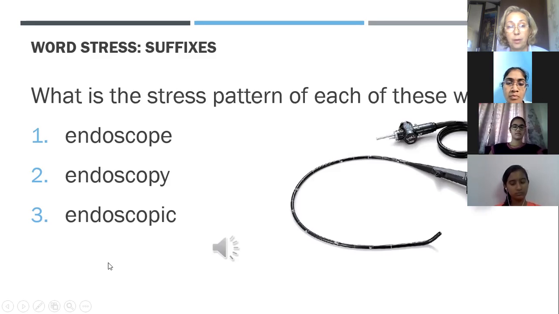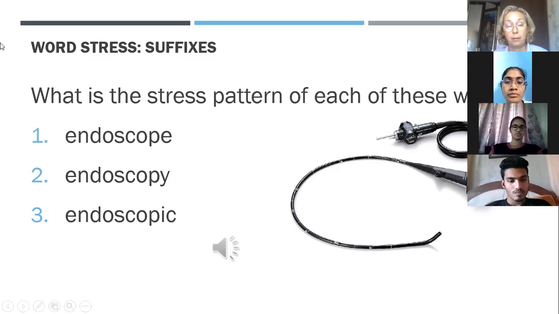Okay, so what can we say about the stress? What happens to the stress? It remains the same in the last syllable, like in peptic. Does the stress move from one syllable to other syllables? Yes, I guess.